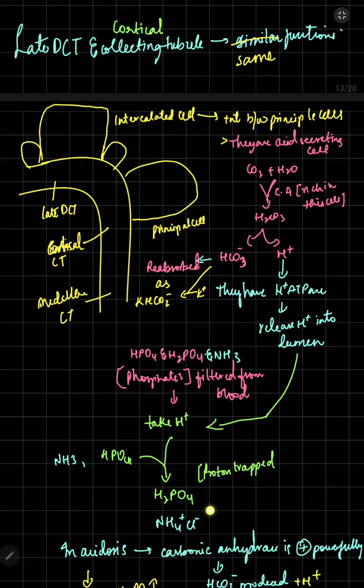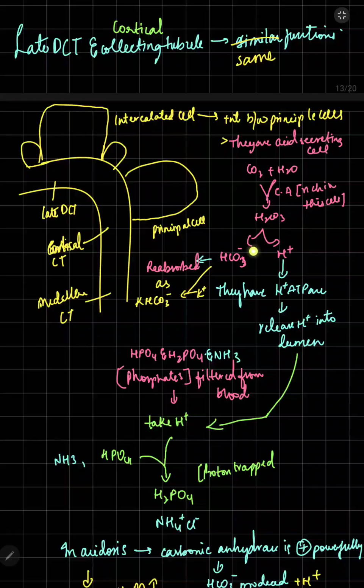This traps the highly reactive proton, and it does not allow a very large decrease in the pH. They make the urine slightly less acidic, as the proton is trapped in them.